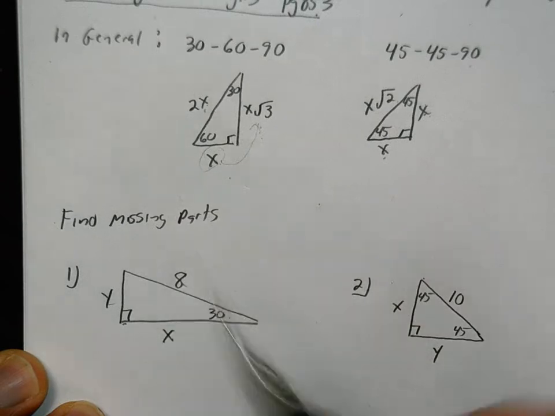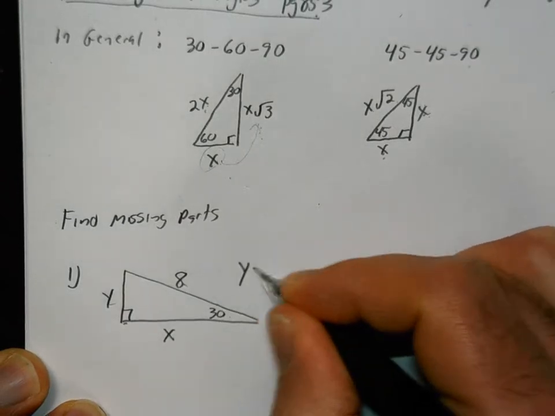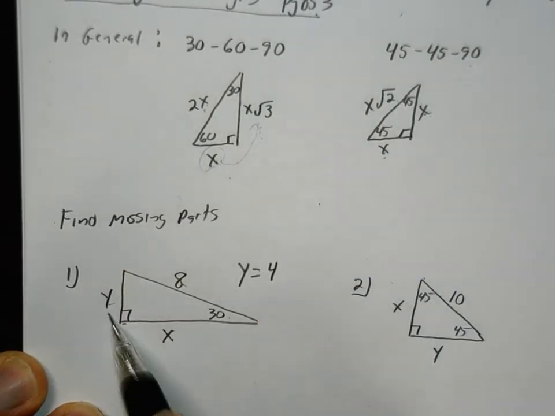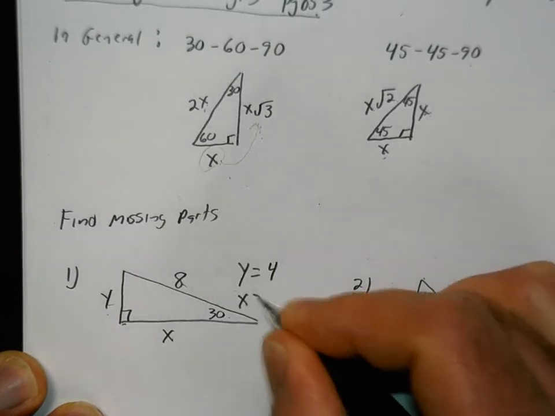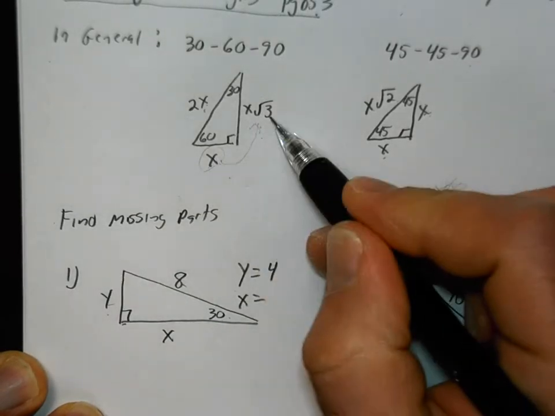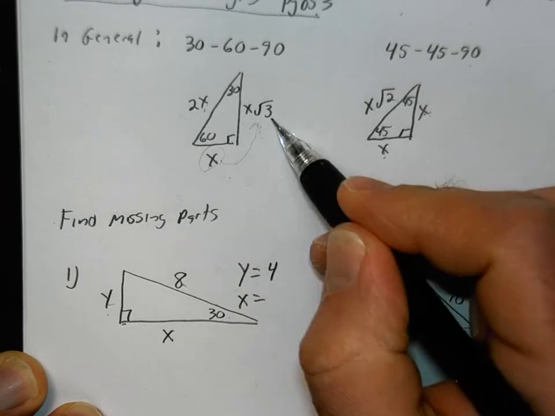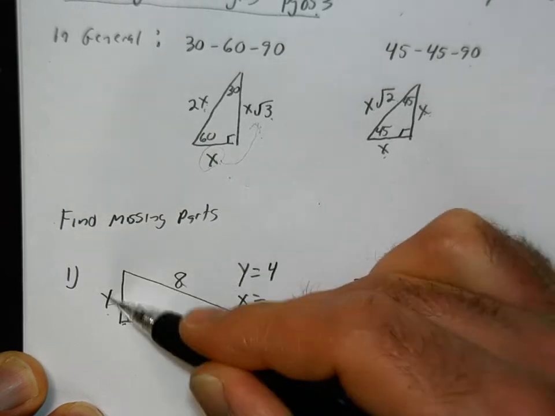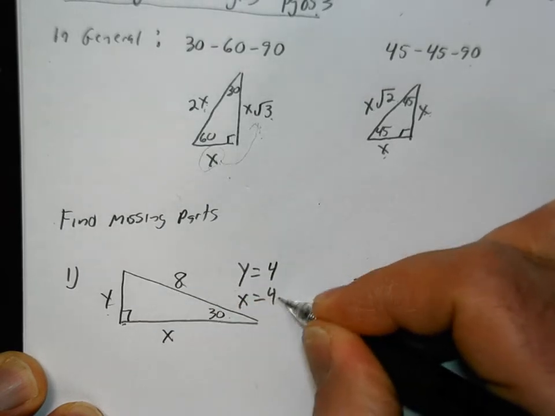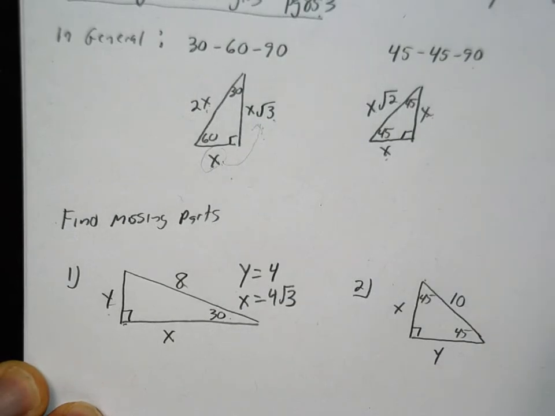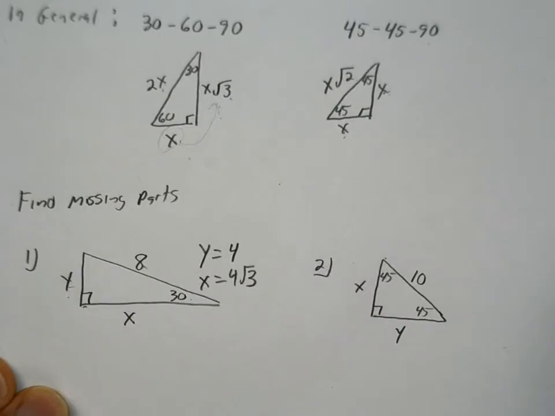It's going to be half, right? So y is going to be 4. And then to solve for x, I find my long leg by multiplying by the square root of 3. So this is 4 times the square root of 3. That's how I'd find those.